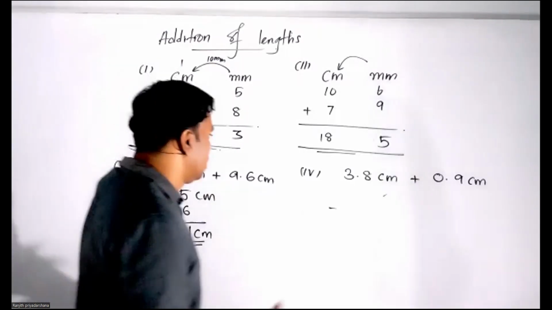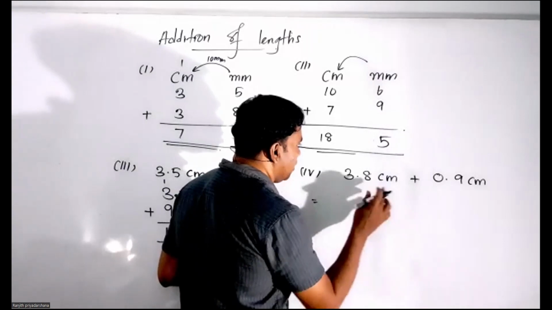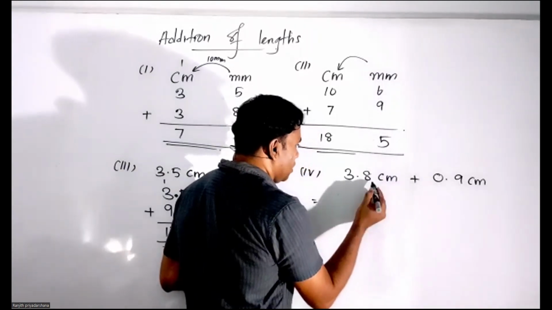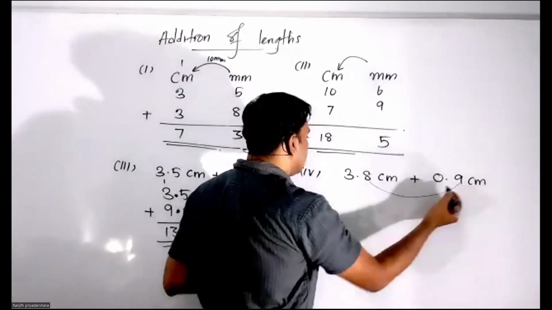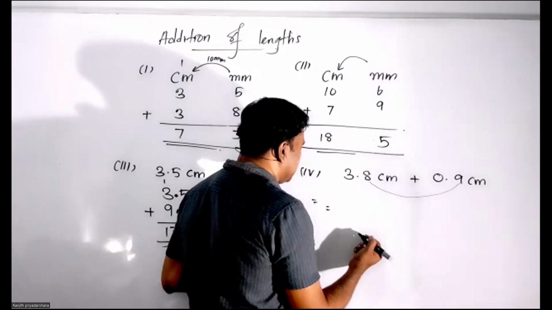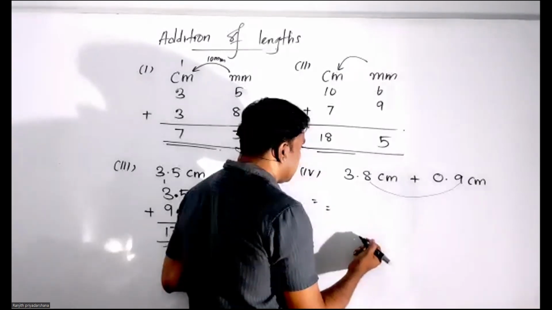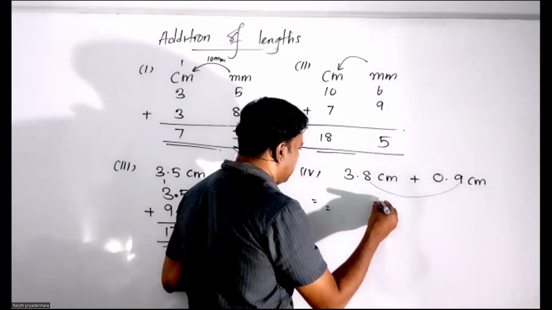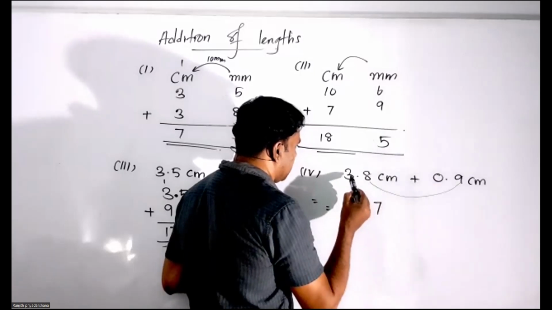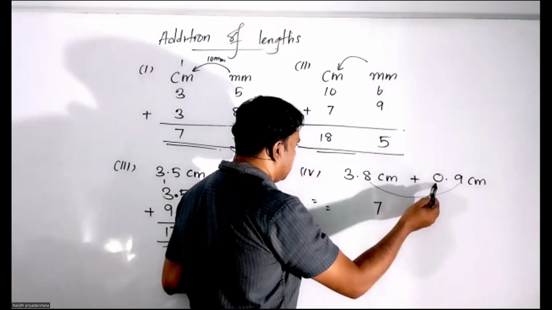Good. Right. Last one, you can do this calculation in the same way right here. The first decimal place to first decimal place. 8 plus 9 equals 17, but 1 remains. That's taken to here. 3 plus 0 is 3.